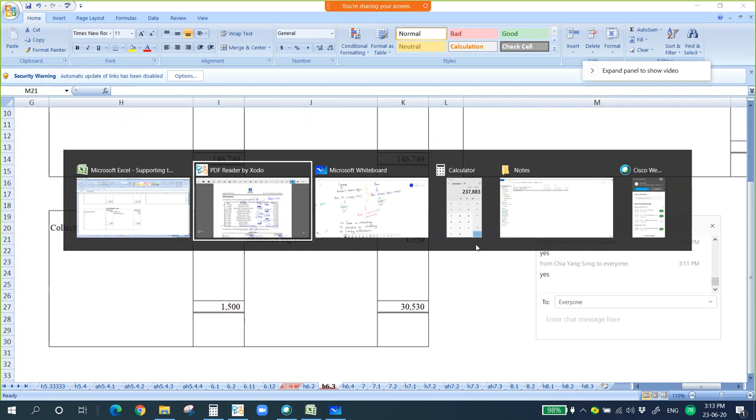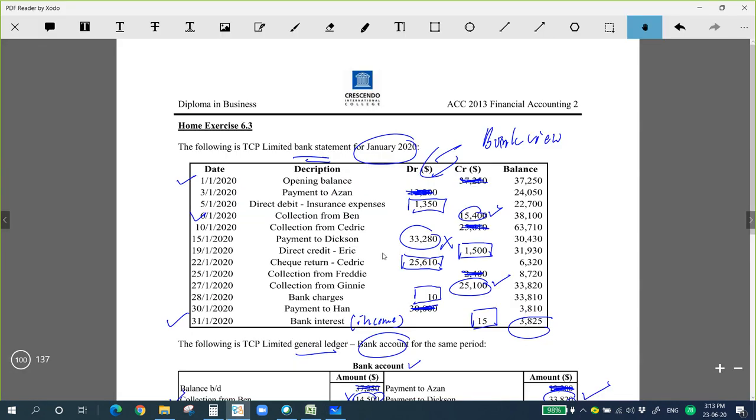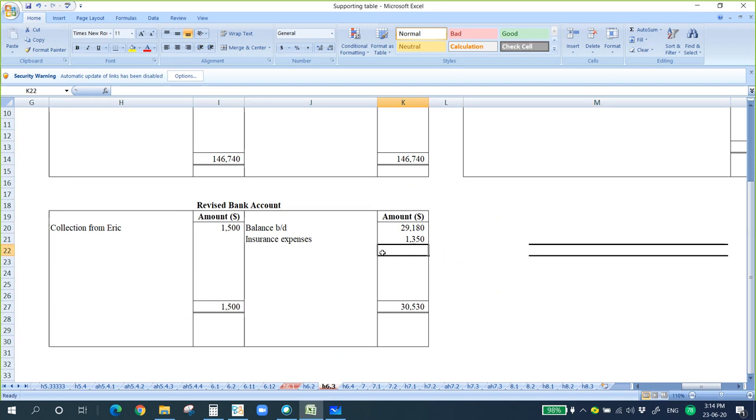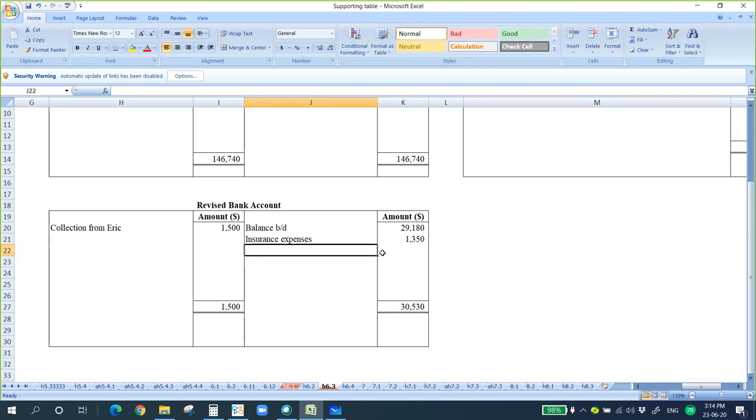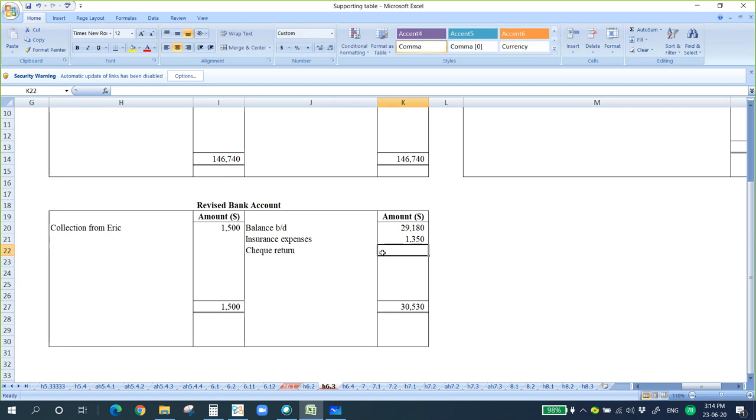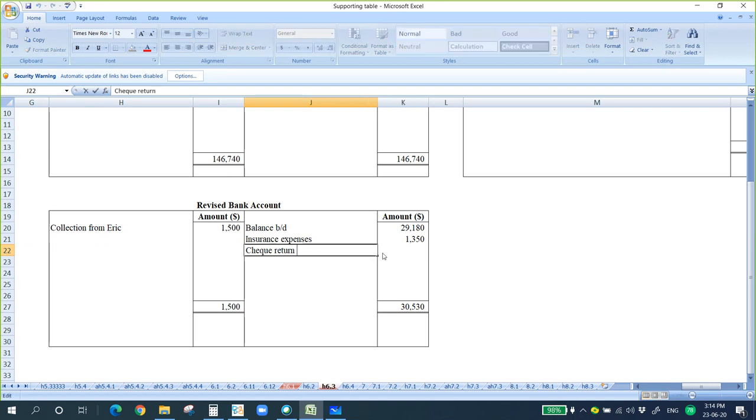Next, so we have recorded this, and cheque returned. Cheque returned by who? Cedric. So a cheque return will reduce the bank balance we have, right? So for the cheque return, we show it on the credit side, Cedric 25,610.